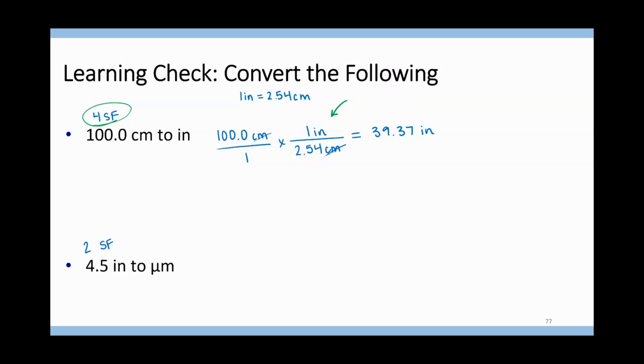Once we are in centimeters, we can then convert to meters. We know from previous notes that there's 100 centimeters in a meter. Once we're in meters, we can convert to micrometers, where there's 10 to the negative 6 meters in a micrometer.